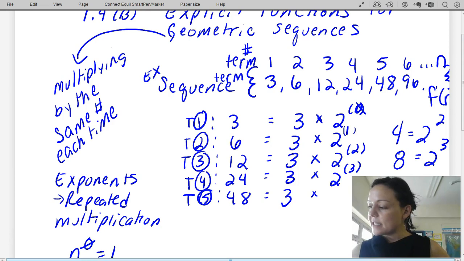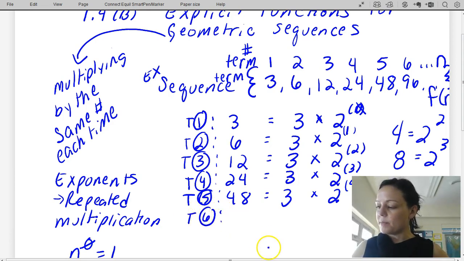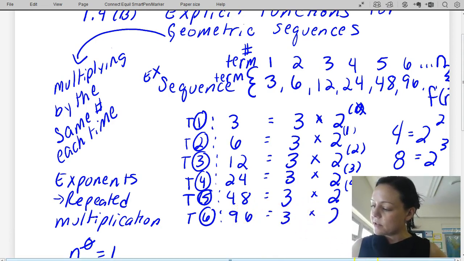That's 16, and 2 to the 4th power is 16. The 6th term, the last one we're going to put here, was 96. And you guessed it, we are just going to do 3 times 2 to the 5th power.